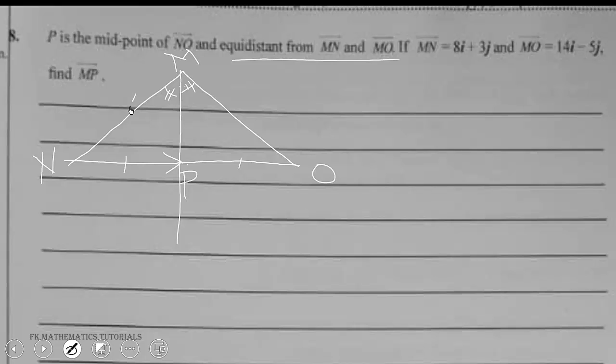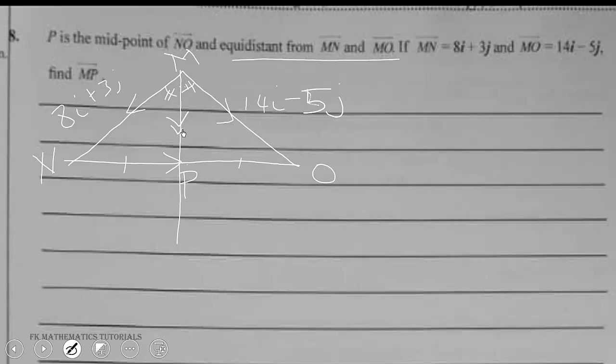So this is vector MN, and MN is 8i plus 3j. Then vector MO is 14i minus 5j. We're asked to find vector MP.